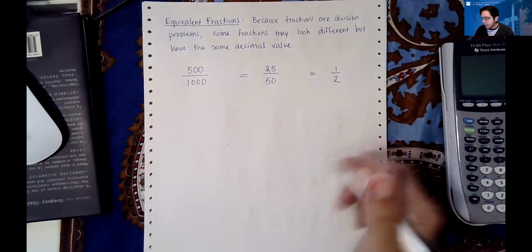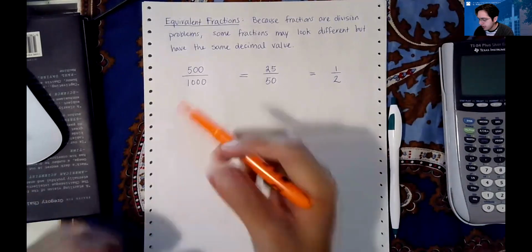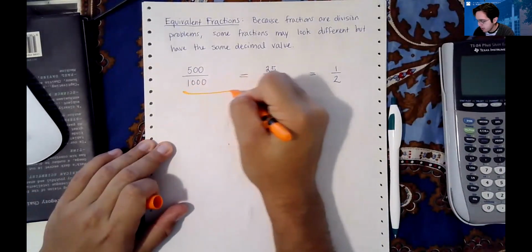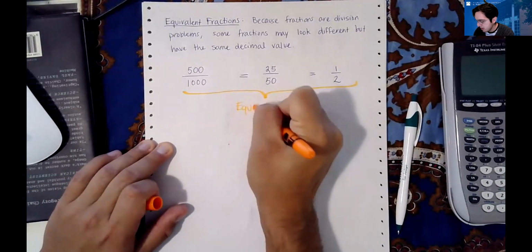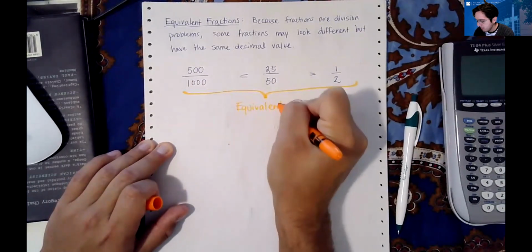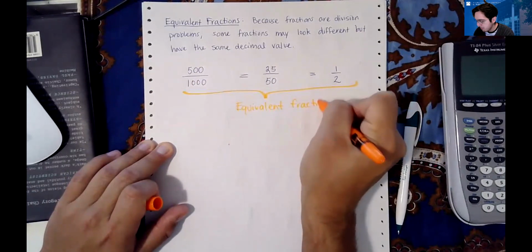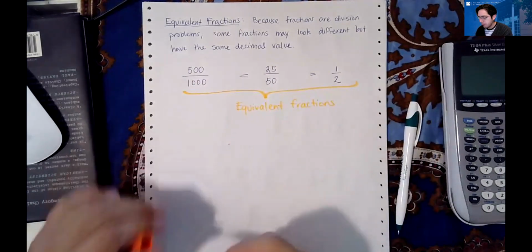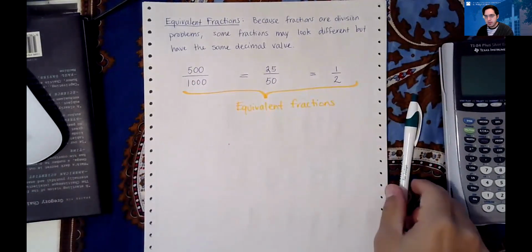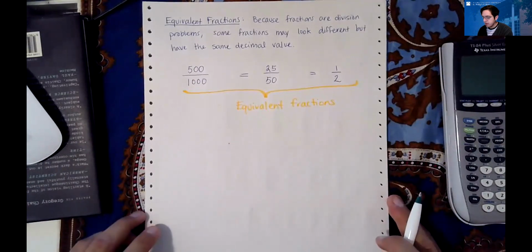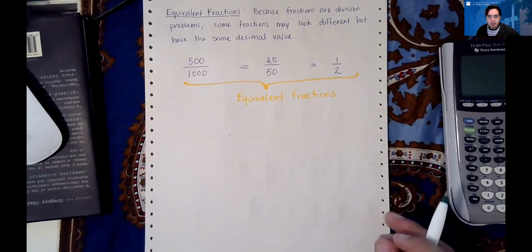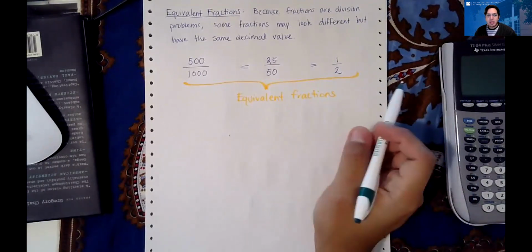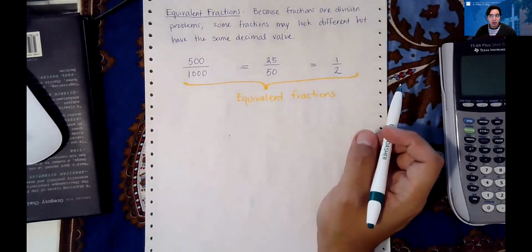Okay, this is what we would call equivalent fractions. There's two ways that we can sort of see that they're equivalent fractions.